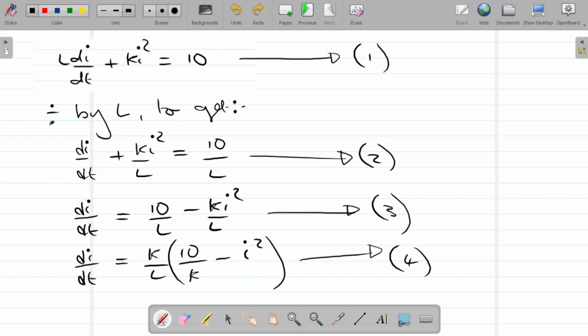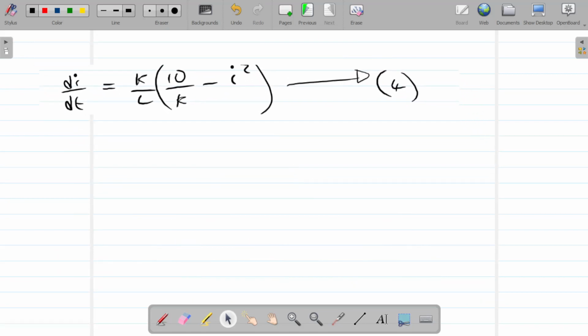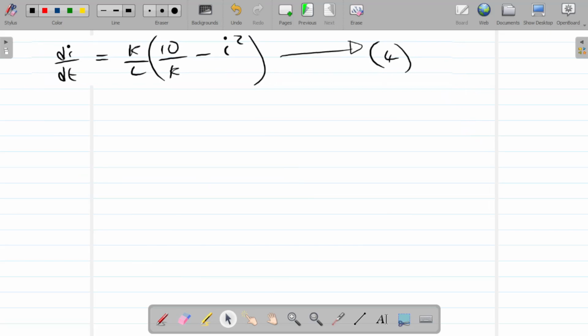So let's cut and paste equation 4. Right, okay. So what we can do now is separate the variables.